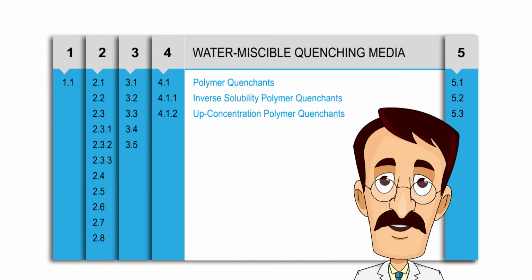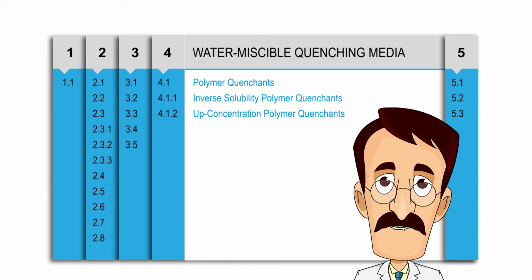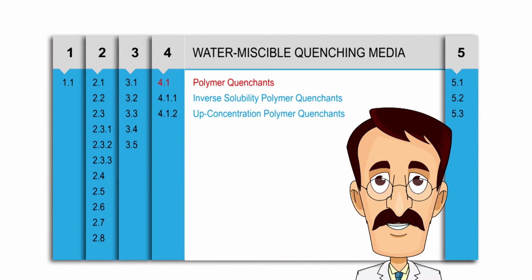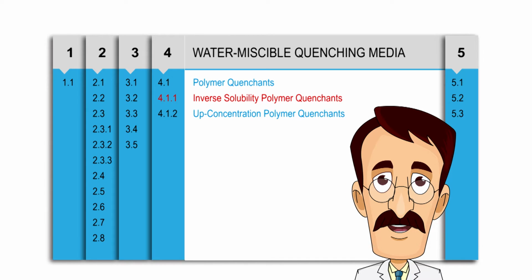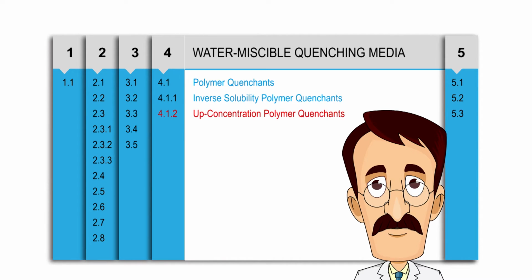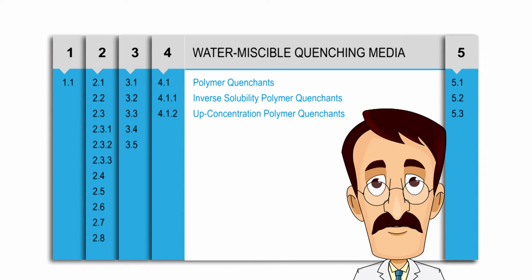In this chapter, we will discuss the following: development and usage of polymer quenchants and the two types of polymer quenchants, inverse solubility polymer quenchants, up concentration polymer quenchants. Let's proceed and discuss.